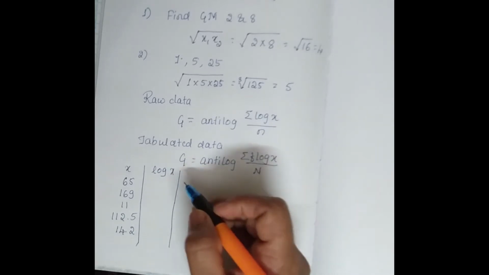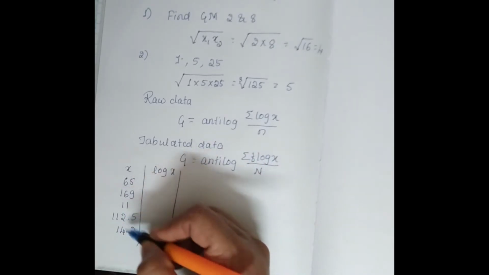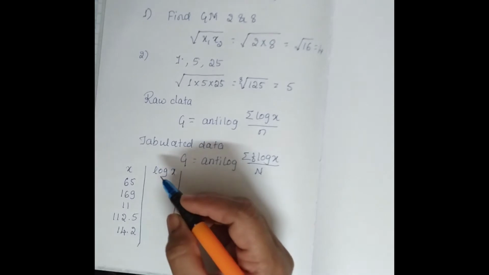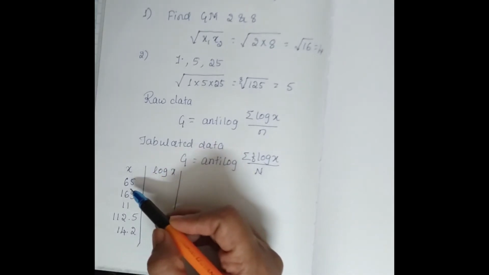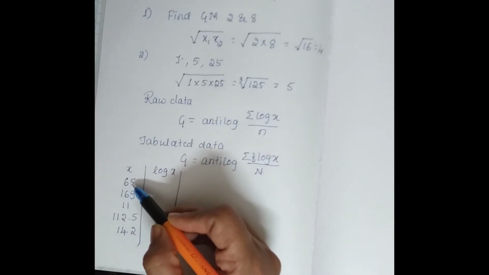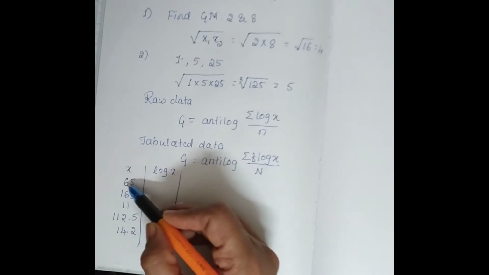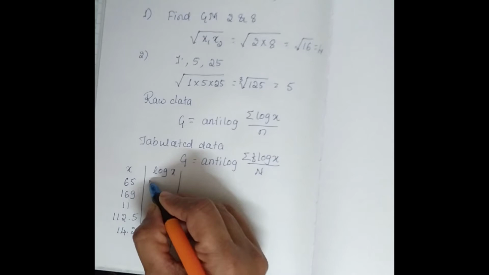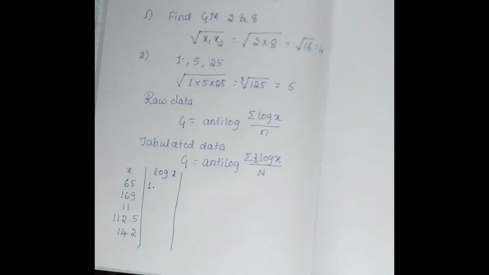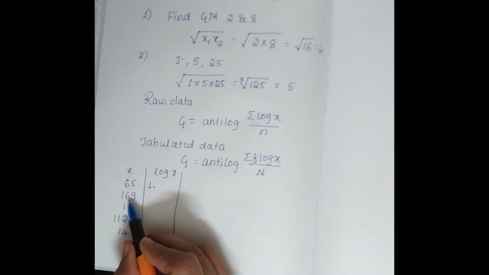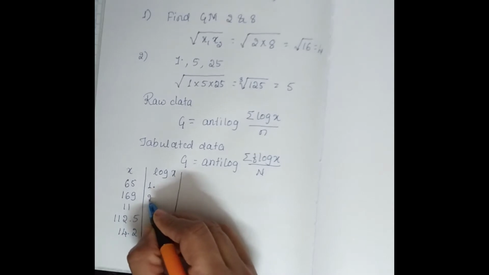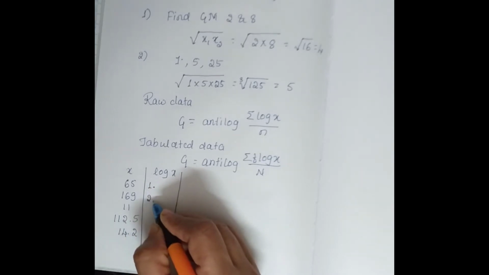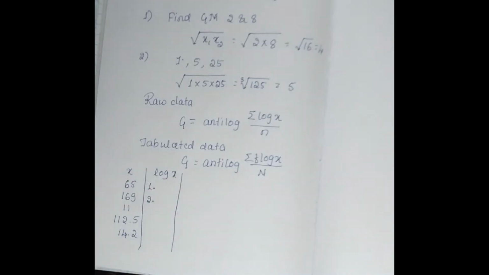First, we have to write the characteristic of these values. How to write a characteristic? Here 65 has 2 digits, so you subtract 1 and it becomes 1 point. For 169, 1, 2, 3, there are 3 digits, so you take 2 point.